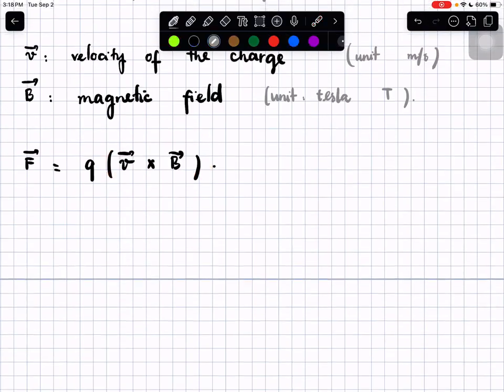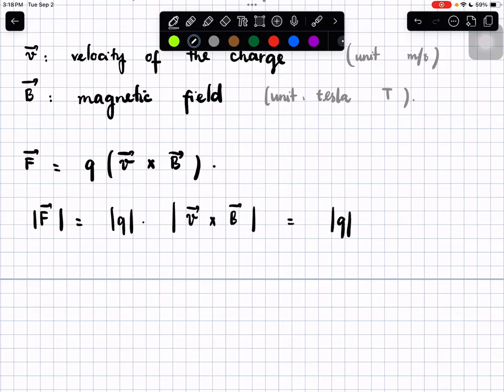So the magnitude of the force is the absolute value of Q times the length of V cross B, which is the absolute value of Q, the length of V, the length of B, and the sine of the angle between V and B.